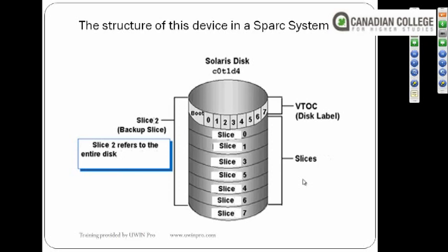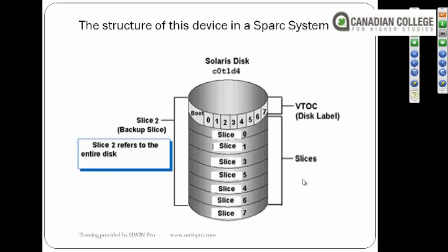You know a hard drive in a Solaris SPARC system is divided into different slices. How many slices are there in a SPARC system hard drive? Eight slices, right?